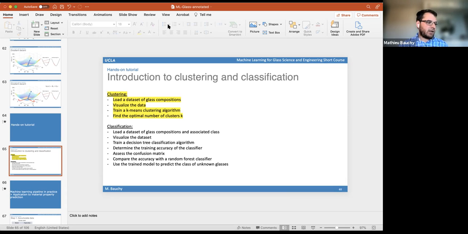And then you can try the k-means clustering algorithm, try different values of k and see which one gives you the highest silhouette score. Then see what clusters are actually found by the algorithm, and whether those clusters seem meaningful to you.